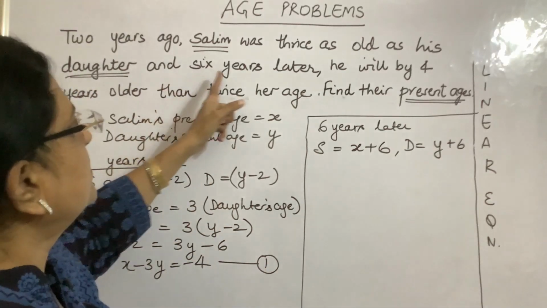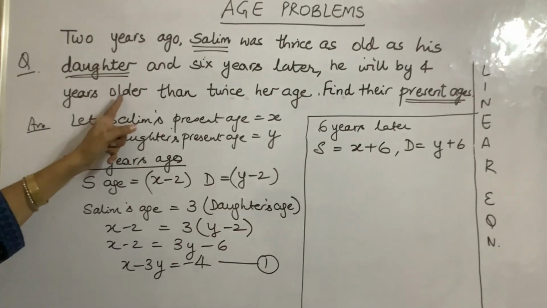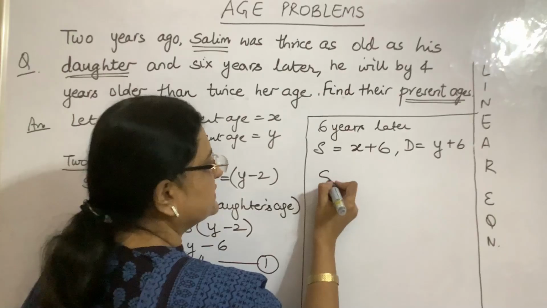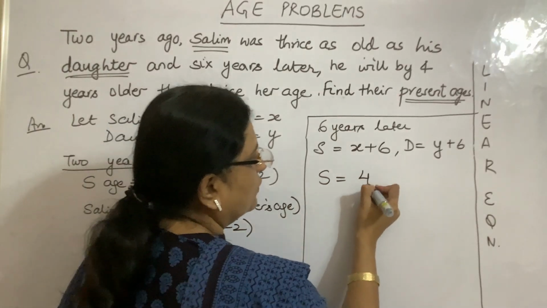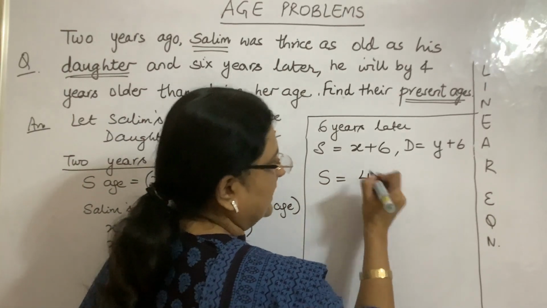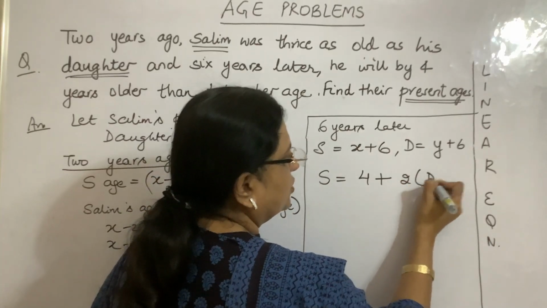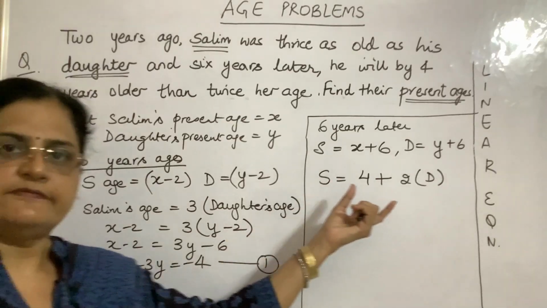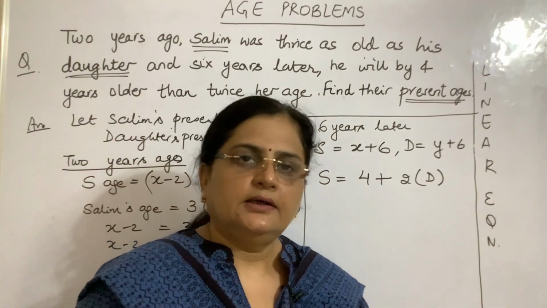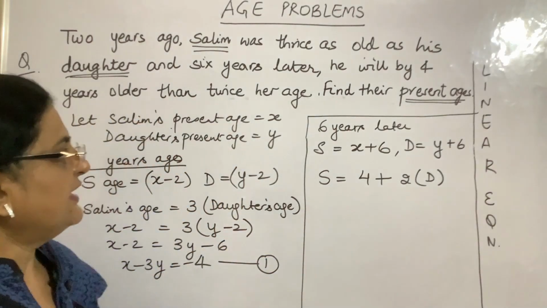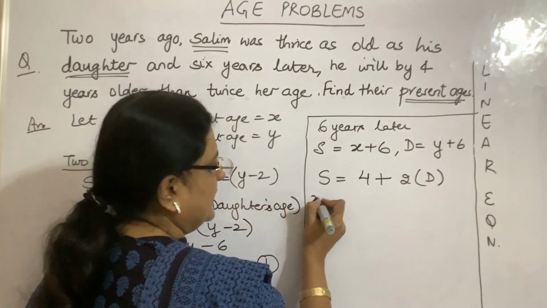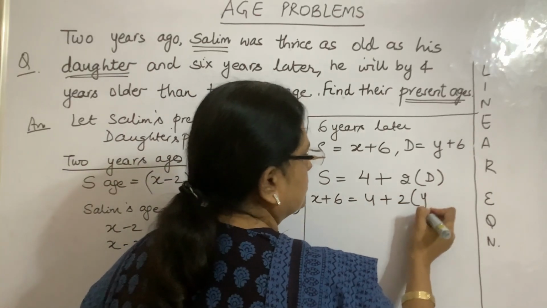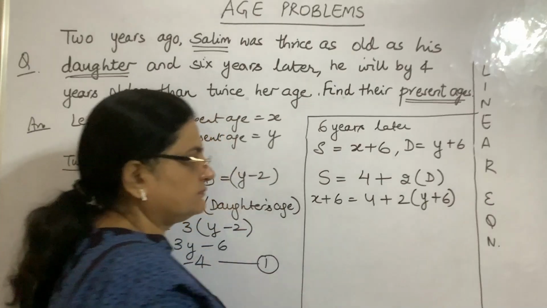Now what will be the word equation? He will be 4 years older than twice her age. That means Salim will be equal to 4 years older, means plus twice daughter's age. Okay, form a very short word equation like this. Now it will be very easy to substitute the values. x plus 6 is equal to 4 plus 2 into y plus 6.